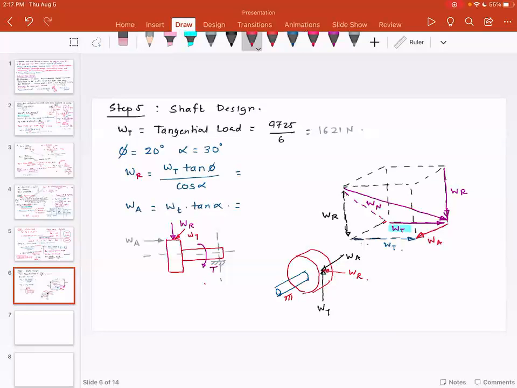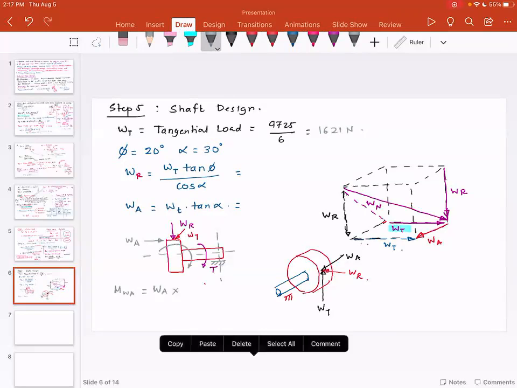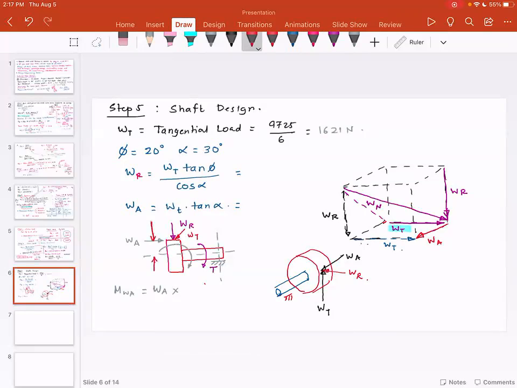If you look at the front view, the moment given by Wa is in this direction. So the moment due to Wa is equal to Wa multiplied by this distance, which is the diameter divided by 2. This is super important. This is the lever arm, which is 24 times 6 divided by 2.